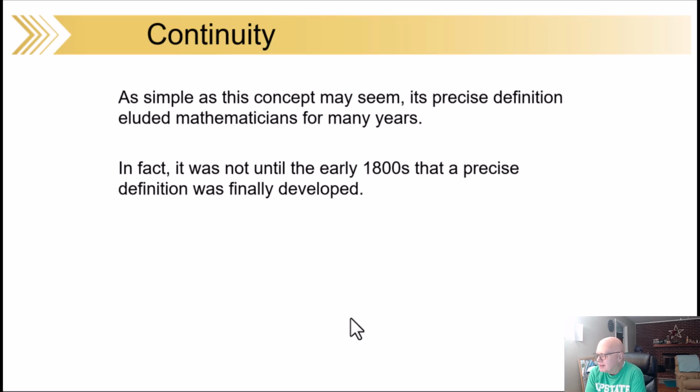Now, it's pretty simple, but the strange thing is it took a long time for mathematicians to narrow that down with a precise definition. It wasn't until the early 1800s that really happened. If you're interested, you could probably get all you need to know off Wikipedia.